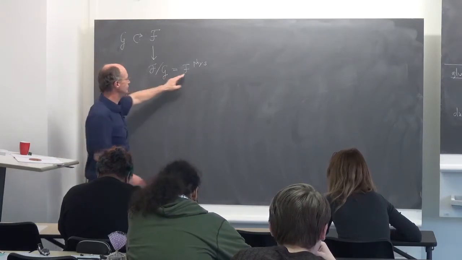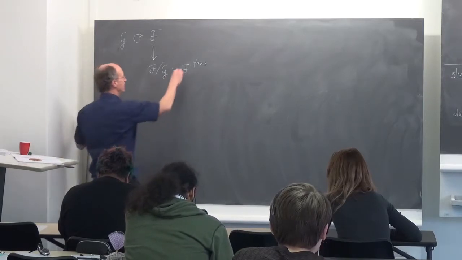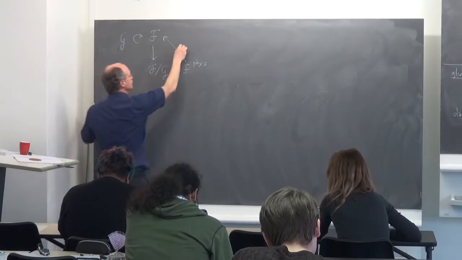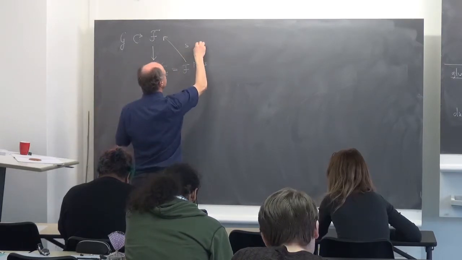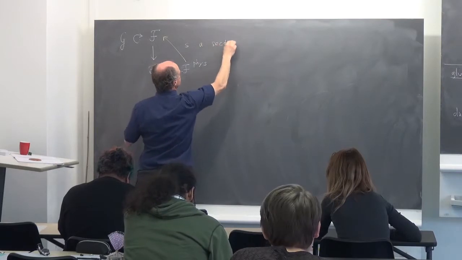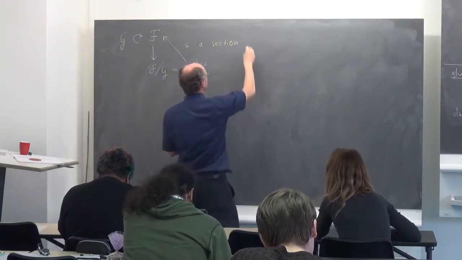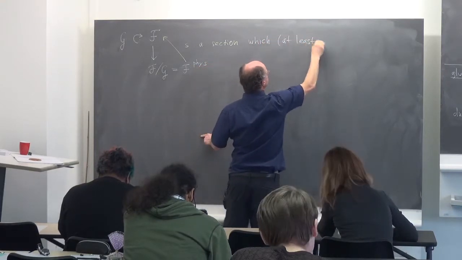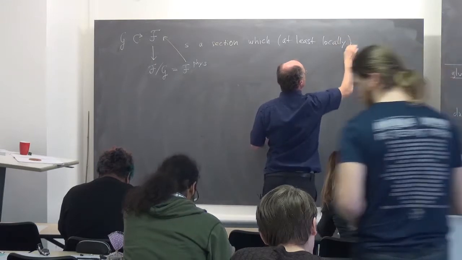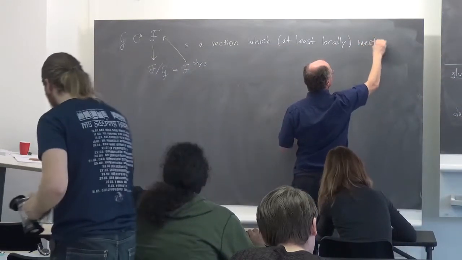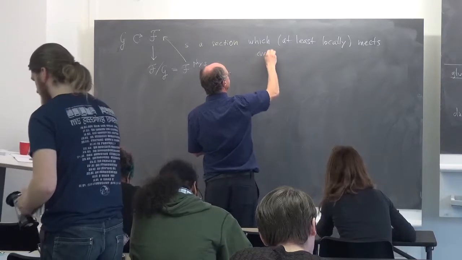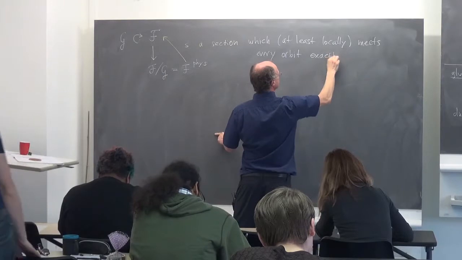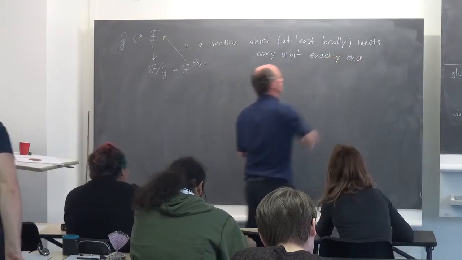So one of the ideas of how to describe quotient spaces is by sections. Suppose we're trying to define a section which, let's say, at least locally, meets every orbit exactly once.